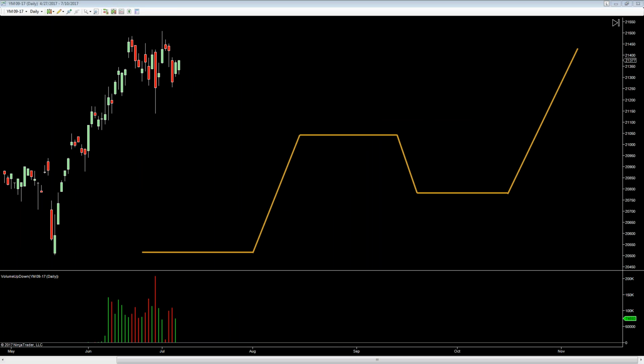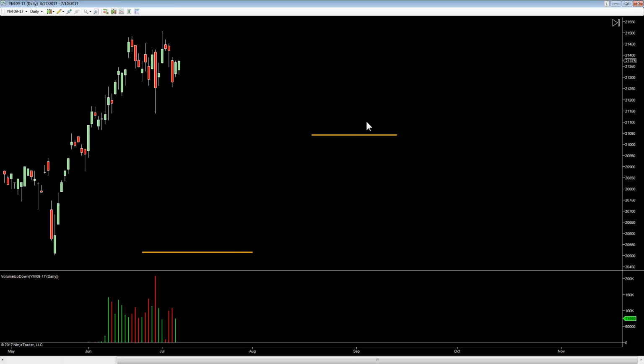You can see this intraday as well. It's not just something that happens end of day. You can see this on a daily chart, you can see it on a monthly chart, you can see it on a 5-minute chart. It's just kind of the nature of the market.